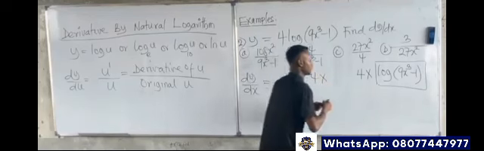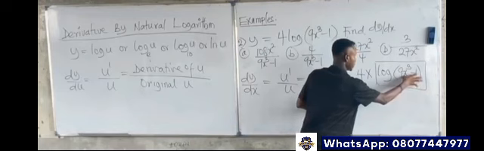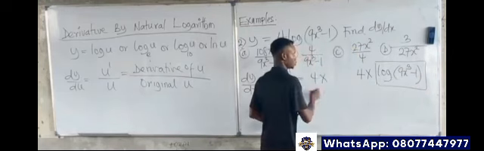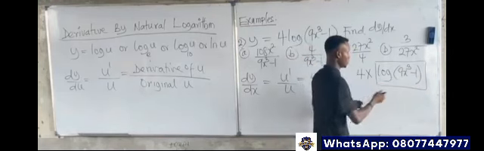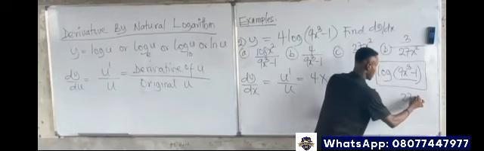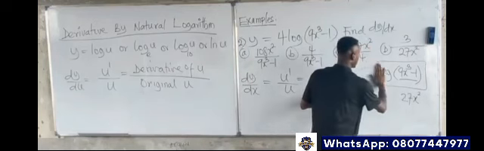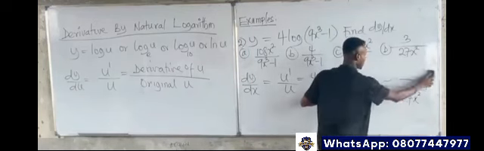So if I differentiate this function here, I'm going to get a result. This is the same thing as 4 times the derivative of this logarithm. You know how to differentiate, right? Derivative of this over the original u. So differentiate this. What will be the answer? 27x raised to the power of 2. Getting the derivative, I'm going to get 27x raised to the power of 2.